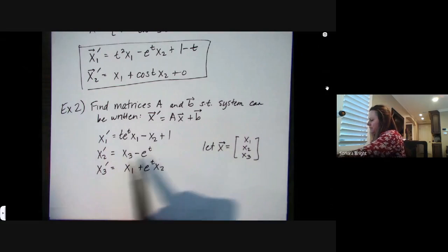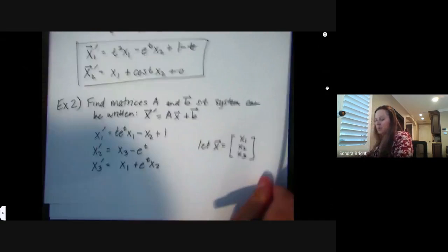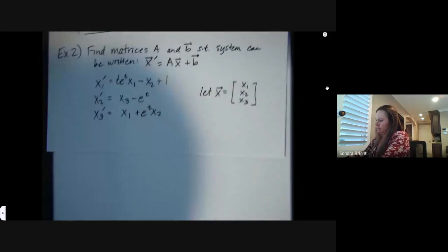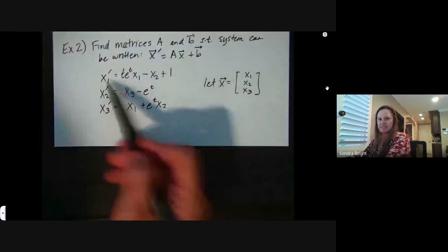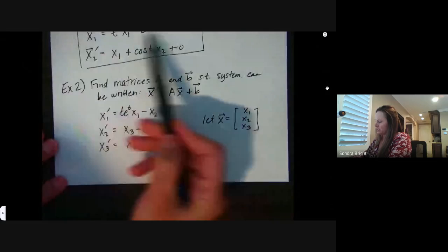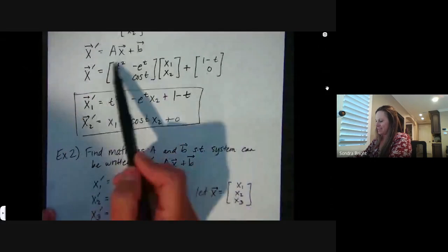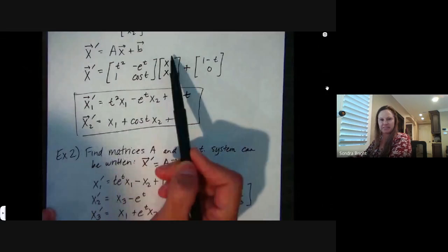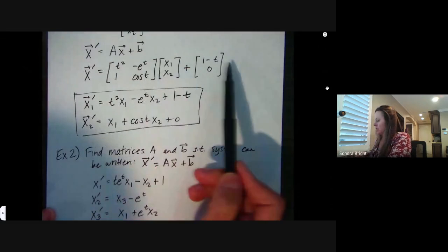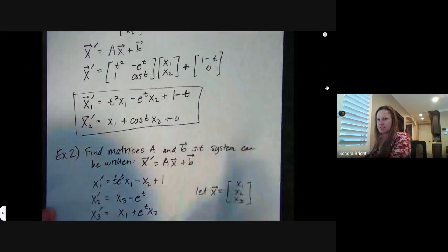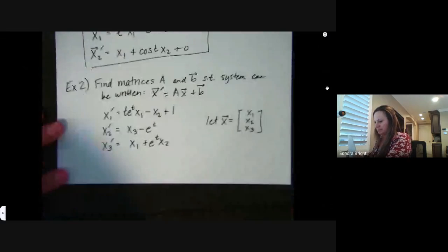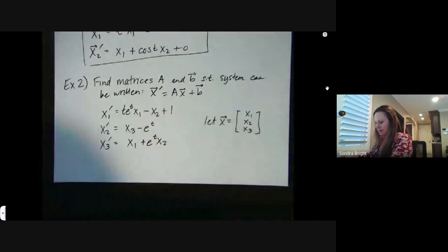And then how you get matrix A, remember, we got this equation by doing row 1 of A times the column of x and then plus b. So we're going to work backwards and ask, what does that mean?